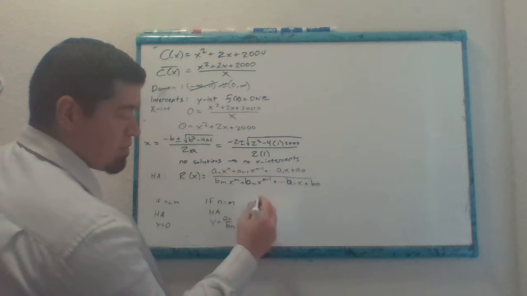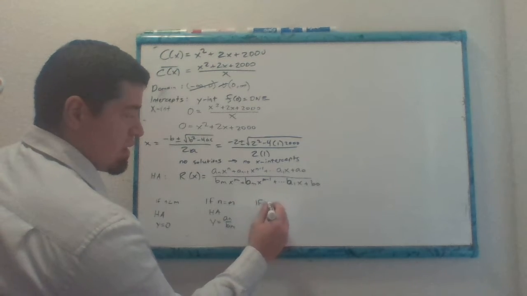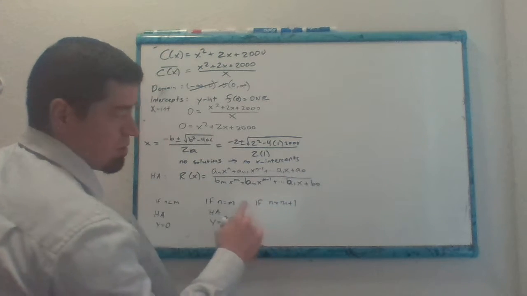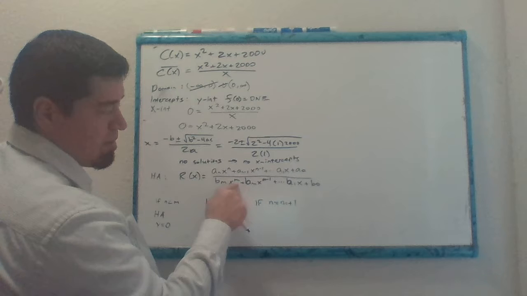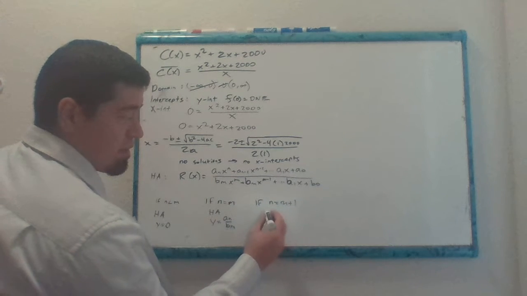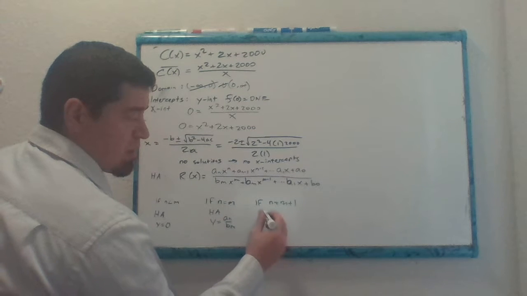And then if n equals the bottom plus 1, in other words, if the top is 5 and the bottom's 4, then you don't have a horizontal asymptote.